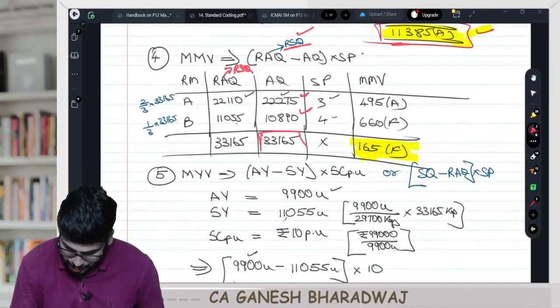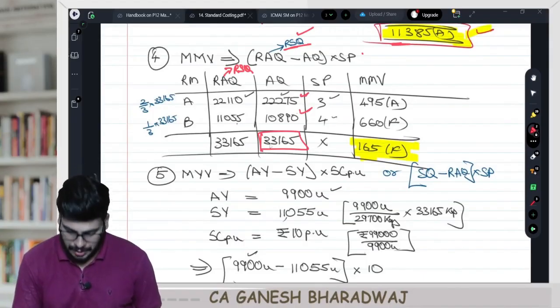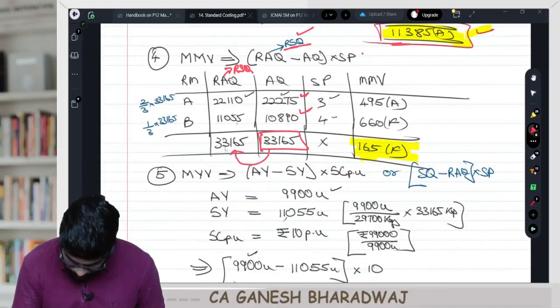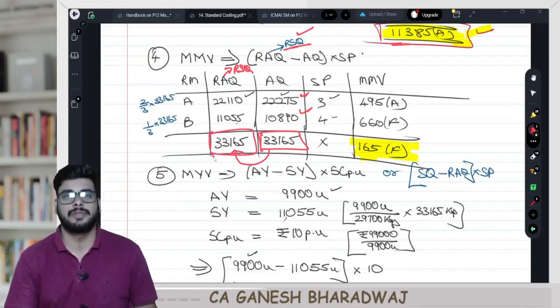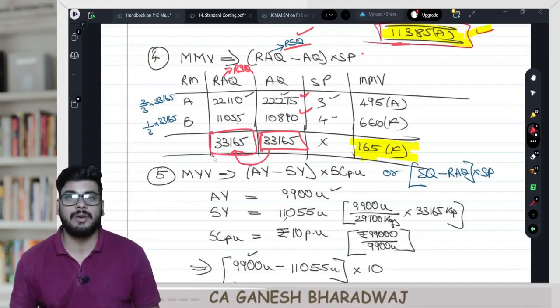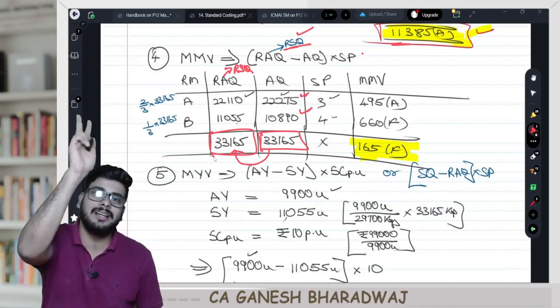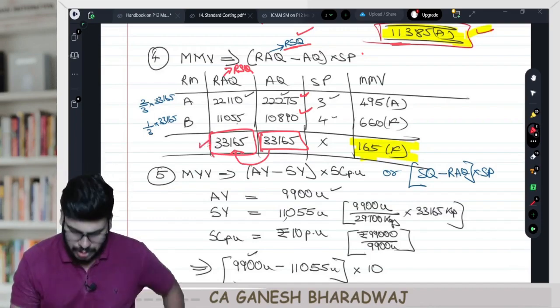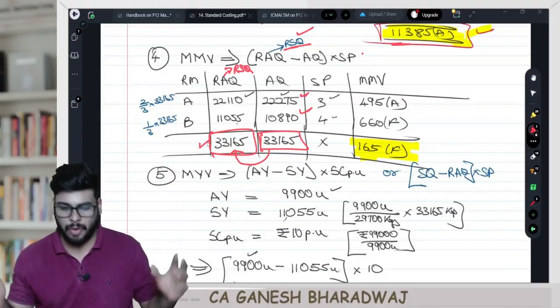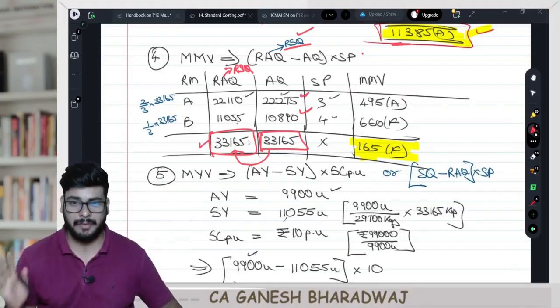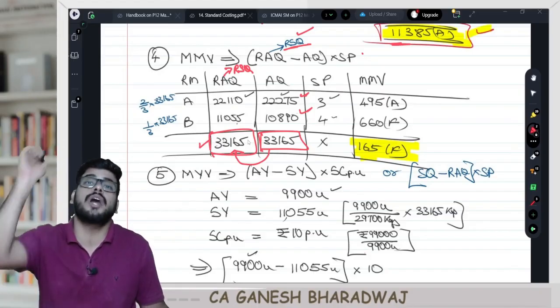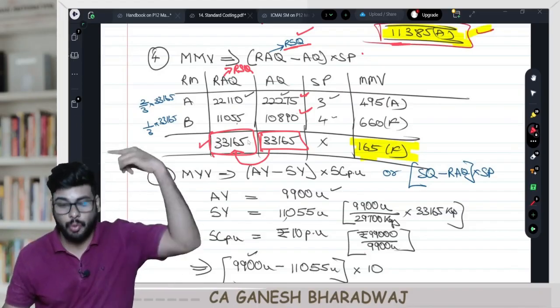You add up, you get how much? 33,165. Now, just insert this 33,165 here. Clear with this, guys? Now, revised standard quantity means what? The actual quantity in the standard mix, meaning what? Totally, what is the total kgs of raw material I've used? 33,165. Fine. But this you should have consumed in your original mix.